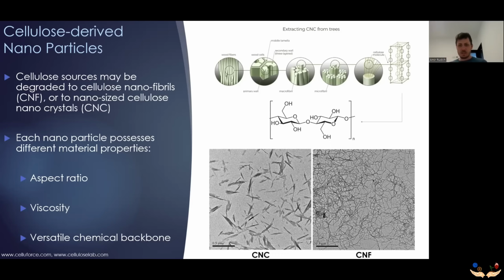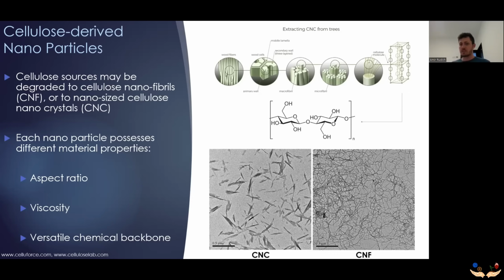Of course, these two particles result in different aspect ratios, which in turn affect the viscosity and the homogeneity of a dispersion of these nanomaterials. But at the end of the day, we're still looking at the same basic components.